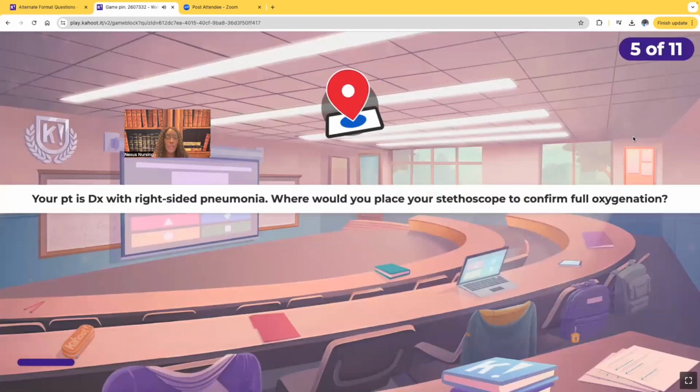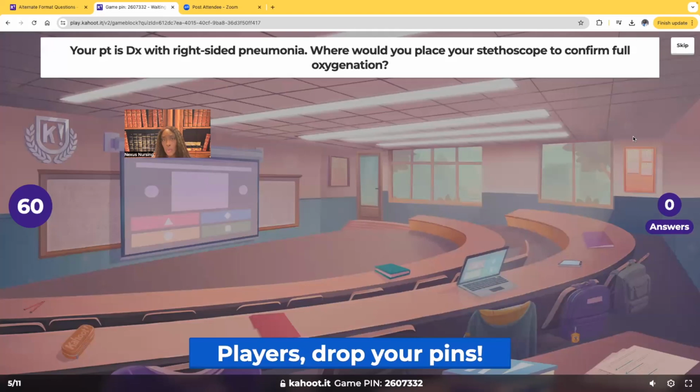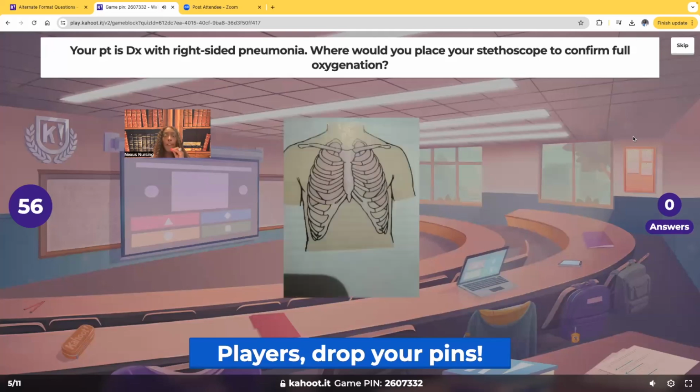All right, pin answer. So you're going to point and click. Your patient is diagnosed with right-sided pneumonia. Where would you place your stethoscope to confirm full oxygenation? You want to make sure that your patient's being fully oxygenated. Where are you going to place your stethoscope? Again, they're diagnosed with right-sided pneumonia.